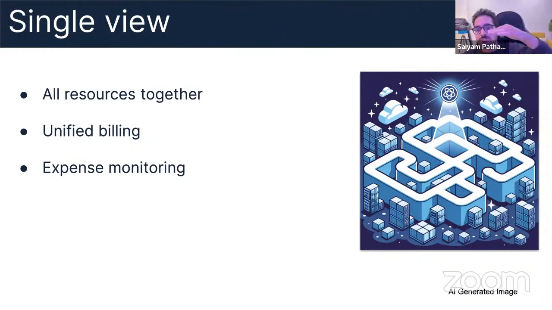What is your overall cloud budget, and where do you want to put an alert? That becomes cloud specific. Expense monitoring, which team, dev, stage, or prod is using which services of which cloud and how much they are costing, is another thing that teams face issues with.